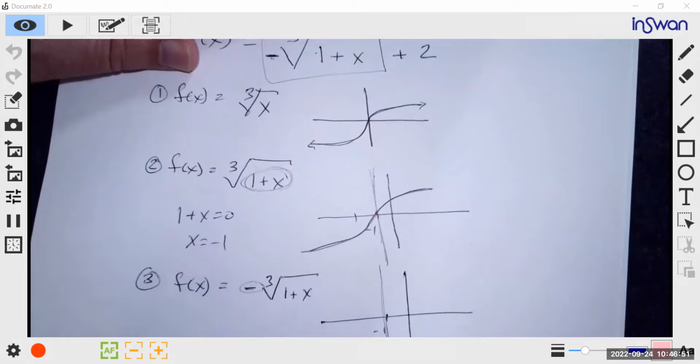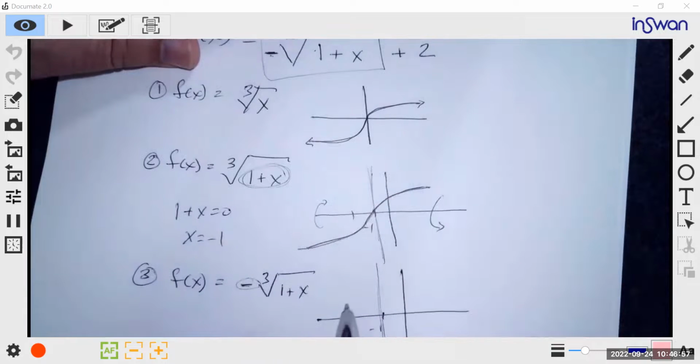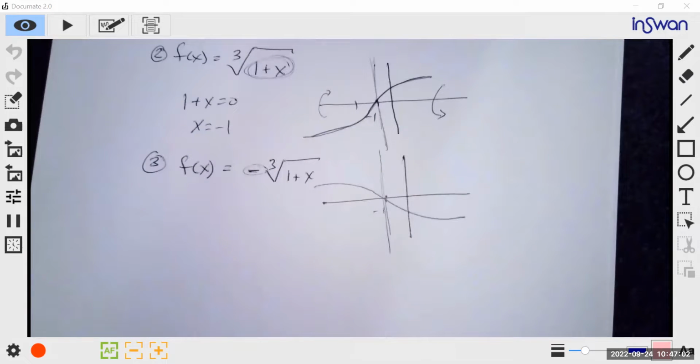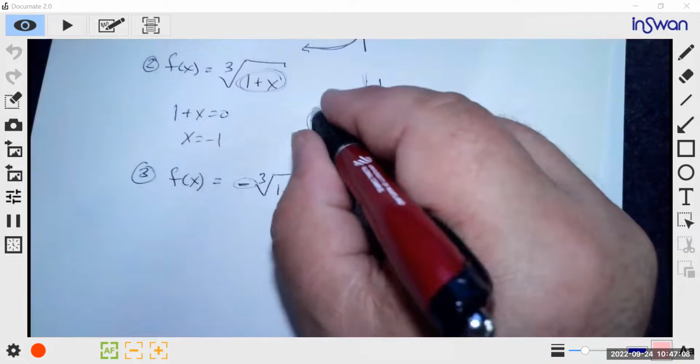Since it's negative, that means I flip across the x-axis. This side goes down, this side goes up. Like that now. This side goes up, this side goes down.